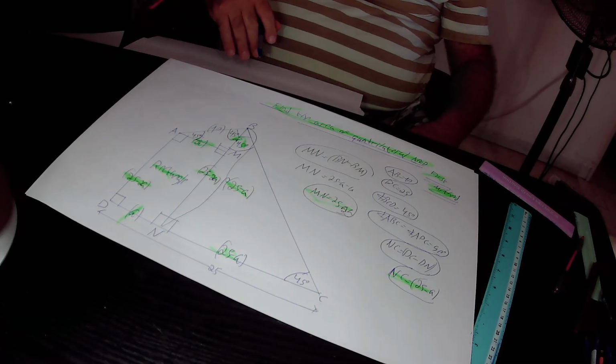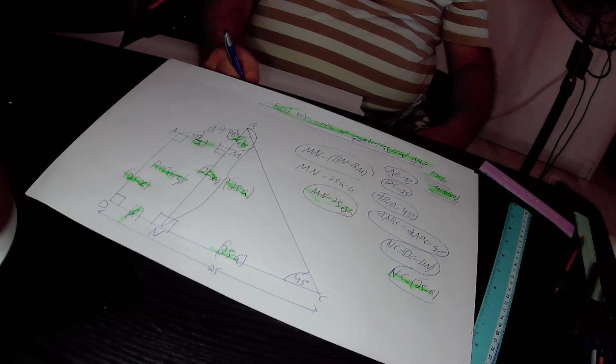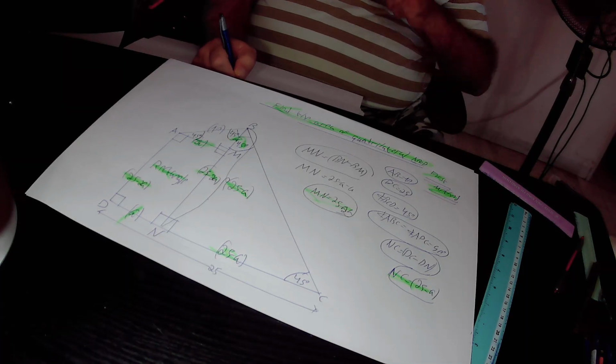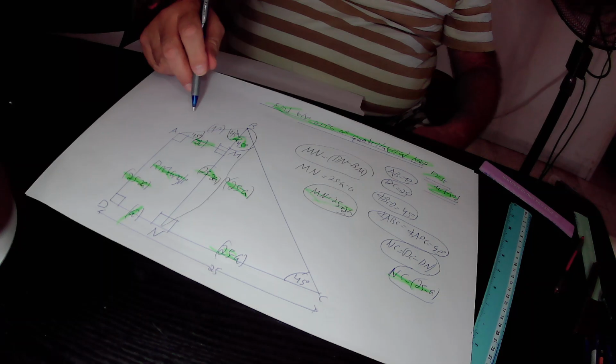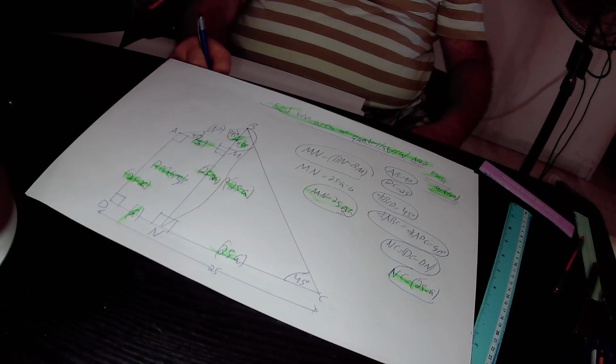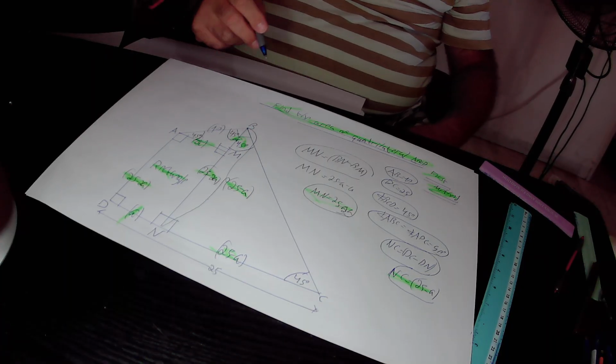So I write down: the area of this big quadrilateral ABCD in total equals the area of this trapezoid ABD minus the area of this right triangle BC.